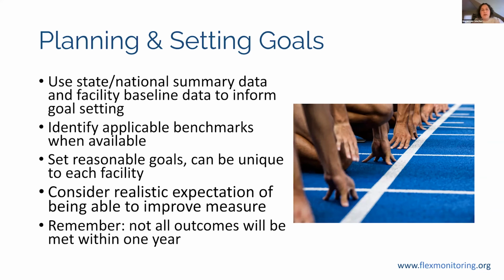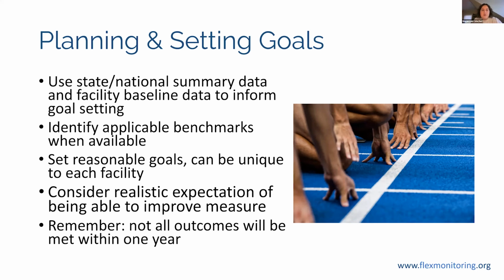So really think about what will help each facility individually, where they're starting, and what their capacity might be to improve. You may have 5 hospitals in your cohort in your project, and they're all likely starting at different places. So really think about how they each may have different goals and how those may relate. Another huge reminder: not all outcomes can be achieved in a year.